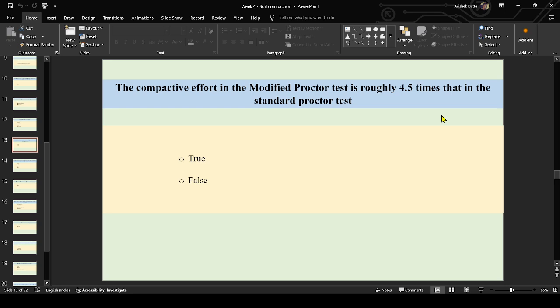Either way, you have to mention the value of the compactive energy to calculate the number of times it is more or less.